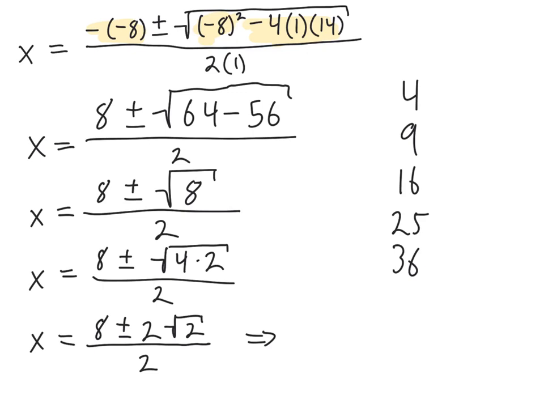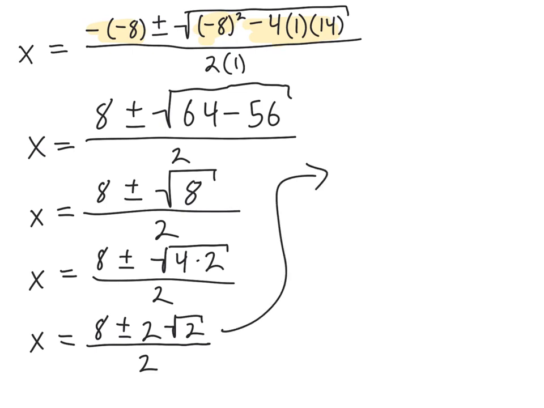I'm just going to slide this over here, give myself a little bit of room. Actually, I'm going to pull this up here. So I can see that both of my terms in the numerator can be divided by 2. So I could simplify this to 4 plus minus the square root of 2.